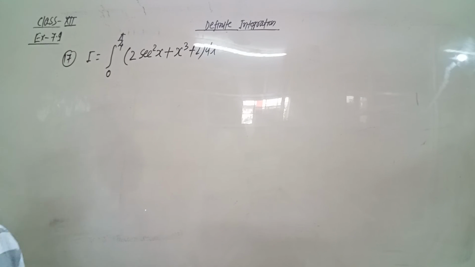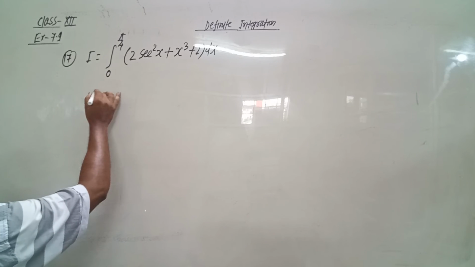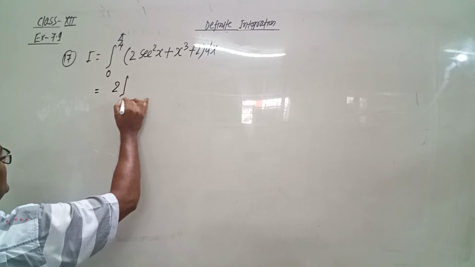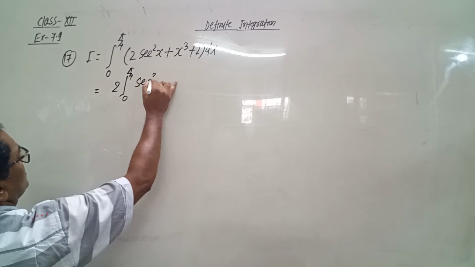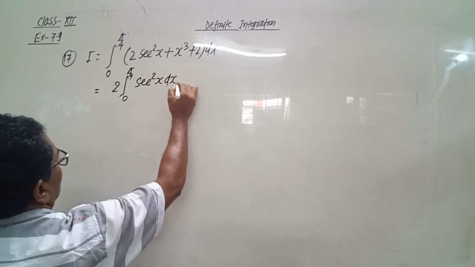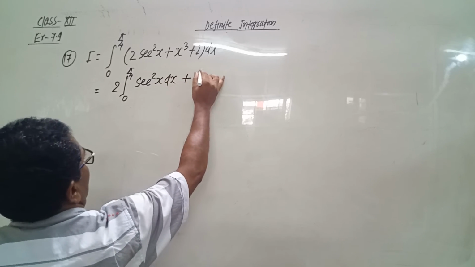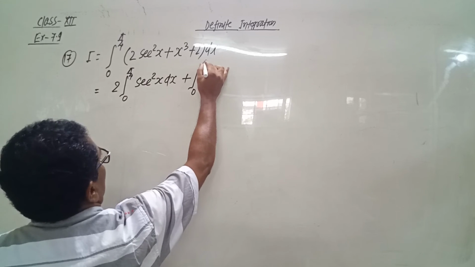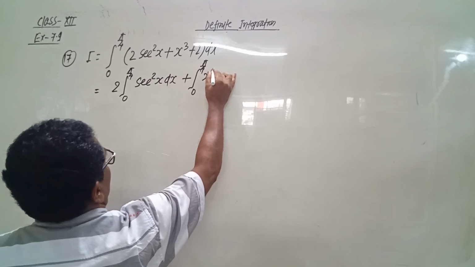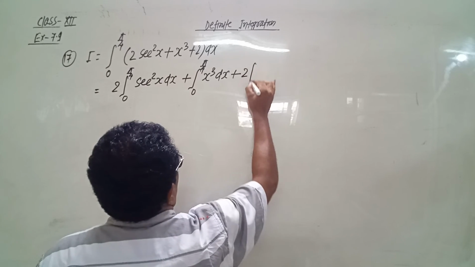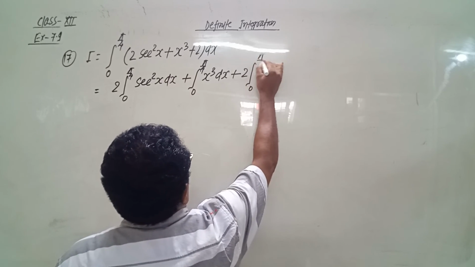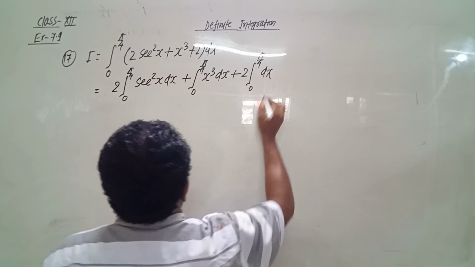So firstly we separate all these terms. This would be written as 2 outside, integration 0 to pi by 4 sec square x dx, plus integration 0 to pi by 4 x cube dx, plus 2 integration 0 to pi by 4 dx.